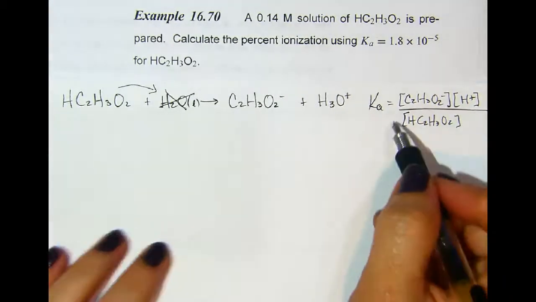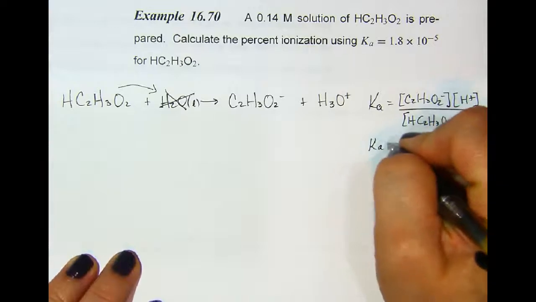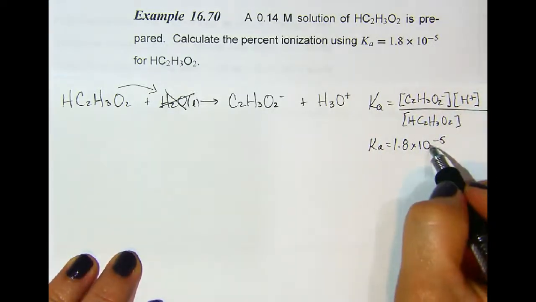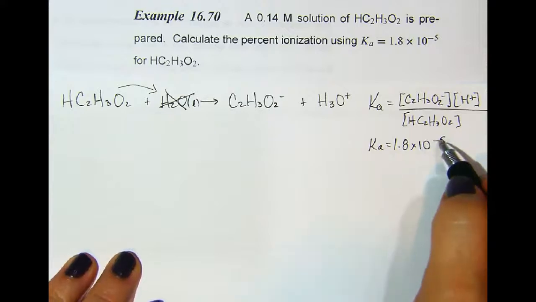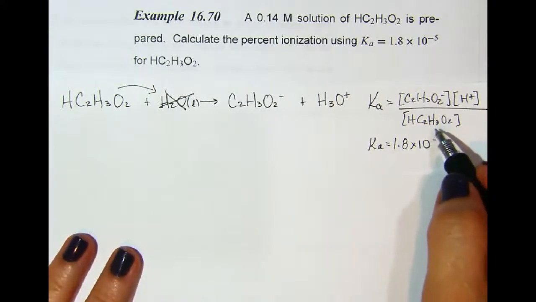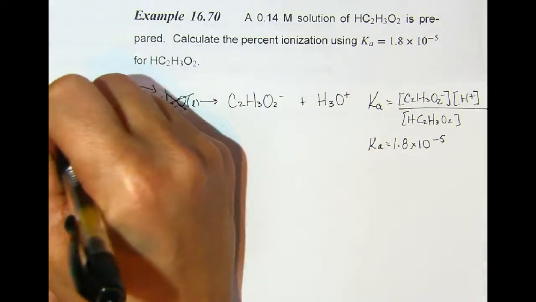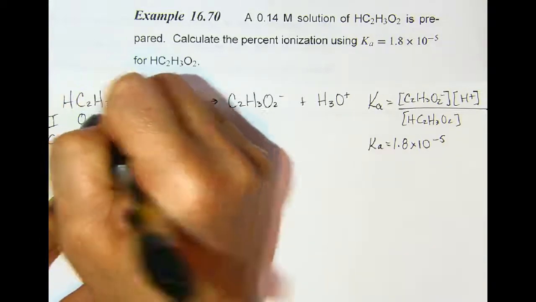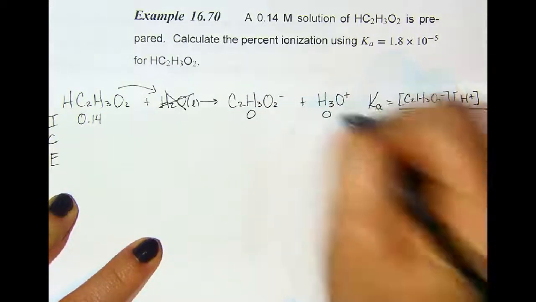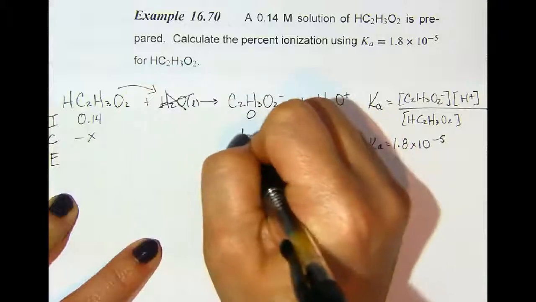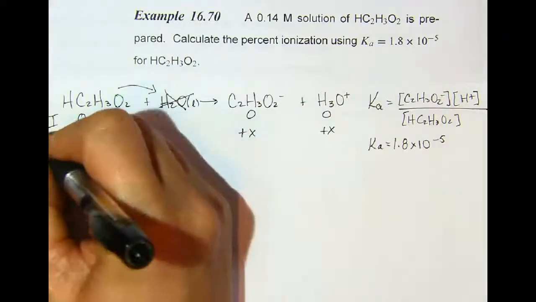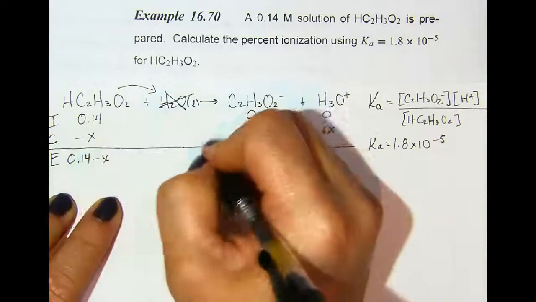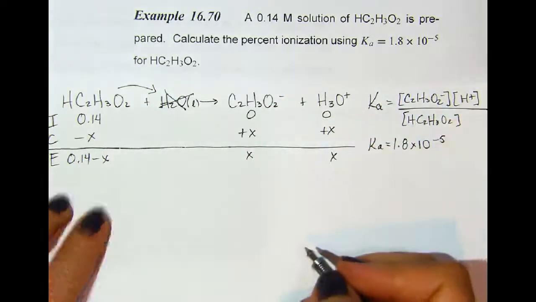So now that I have my law of mass action here, I do have also the Ka value, 1.8 times 10 to the negative 5. Notice that it is smaller than times 10 to the negative 4, so we're going to be allowed to use the approximation. So here's my ice table, and we start with 0.14 molar of this, 0 and 0. We'll have minus x plus x plus x, and then at equilibrium we'll have 0.14 minus x, x, and x.